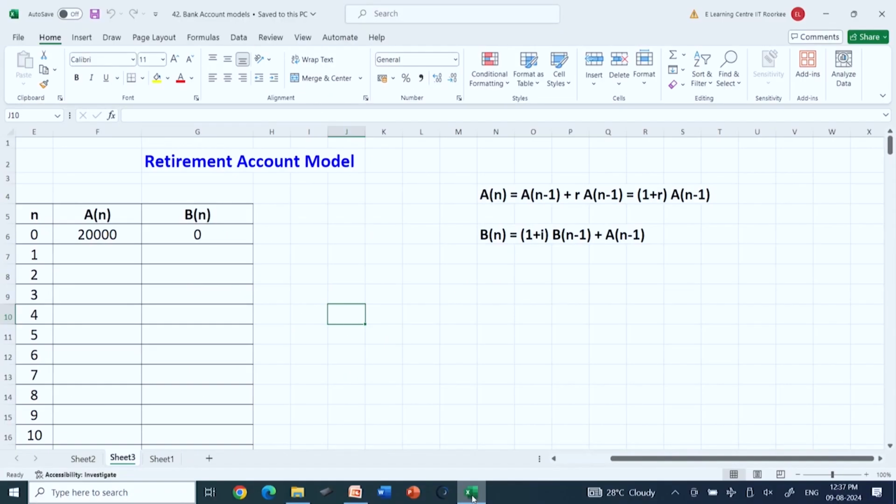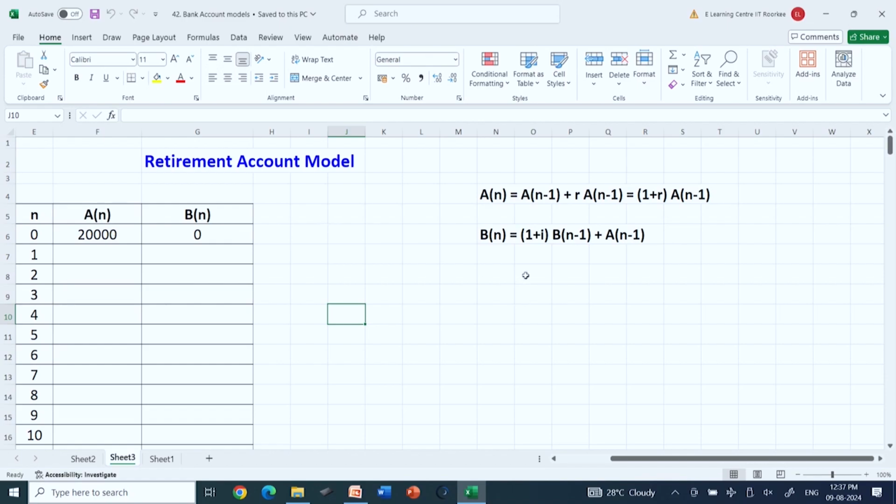So, I already have the model here in the form of basic equations, which is An = (1 + r) An−1 and Bn = (1 + i) Bn−1 + An−1. The initial condition is that there is no balance, which is 0. This value is 20,000 with which he starts.